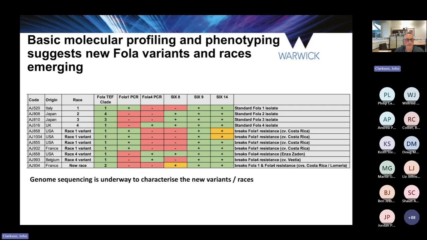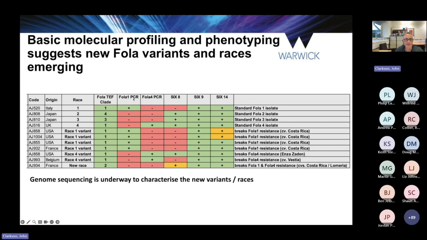As I said before, there are a number of columns here which can help you distinguish the different races. The first one is the translation elongation factor. We can put them into different groups depending on the sequence. Here you'll notice the translation elongation factor sequence will distinguish race 2 and race 3, but race 1 and race 4 are in the same group, group 1.